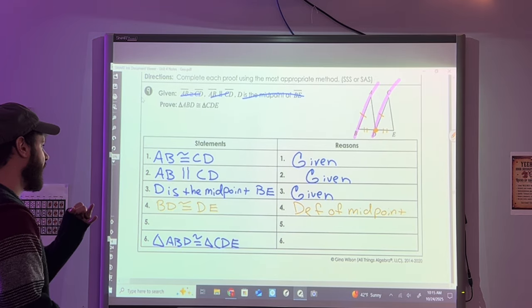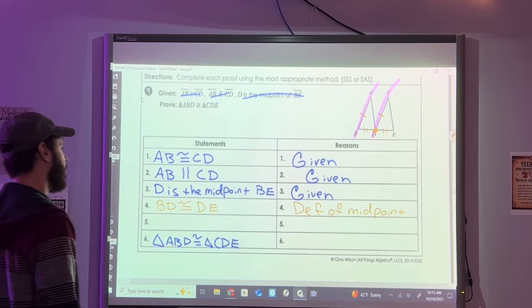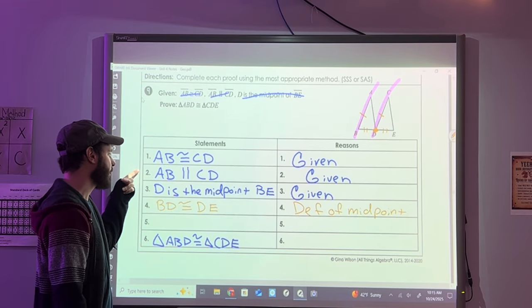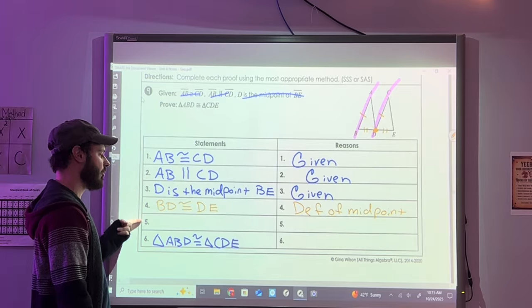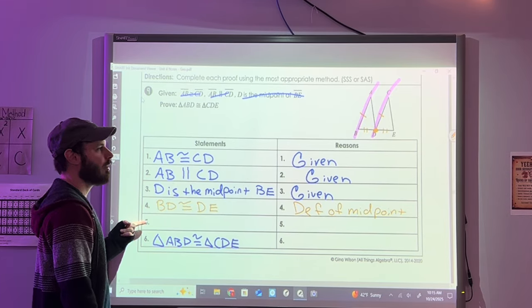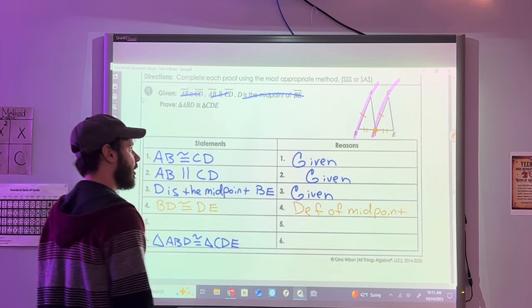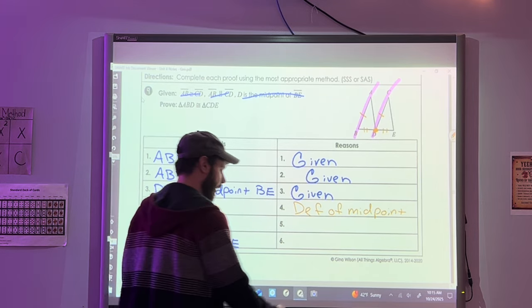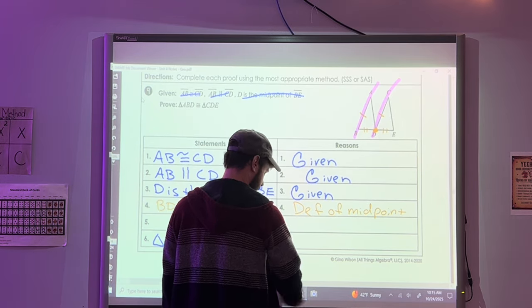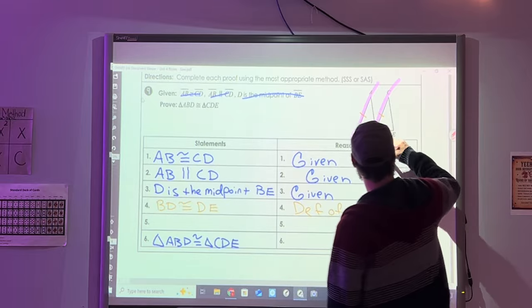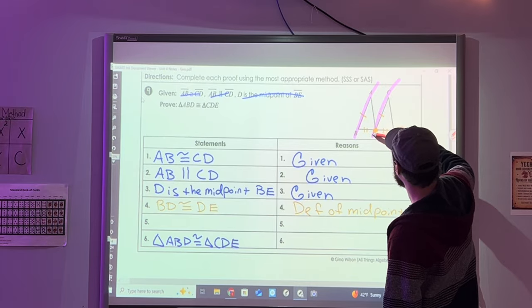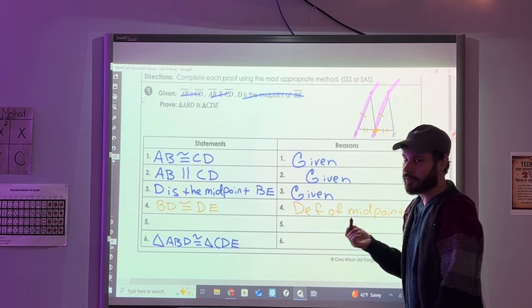I've labeled my one side. It gave me this piece of parallel information. That's what I'm probably going to need to use to figure out my last box here. And the parallel only unlocks angles for me. It doesn't talk anything about sides. I'm looking for angle relationships. So, let's see. If I look at these two lines, what's the transversal?